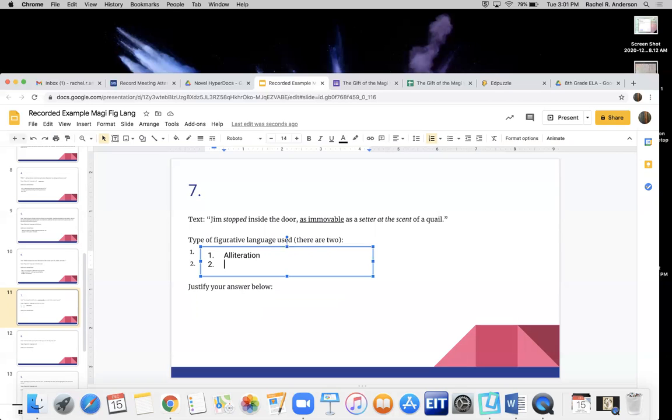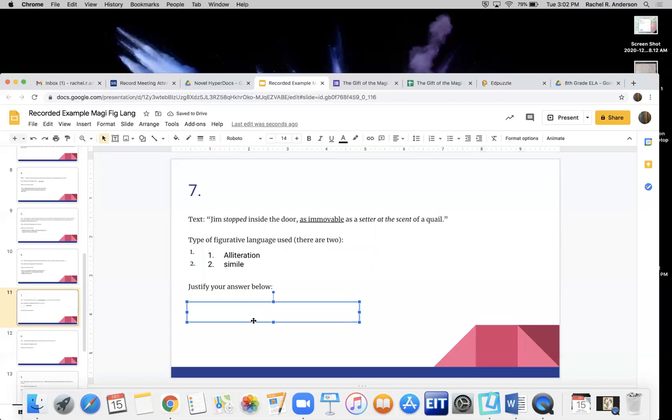So it's comparing 2 things, Jim stopping, to the way that an Irish setter or a hunting dog would stop and point to the scent of a quail that he was hunting, okay? So both of these things are things that stop, and they're comparing 2 different things using like or as, so that is a simile.